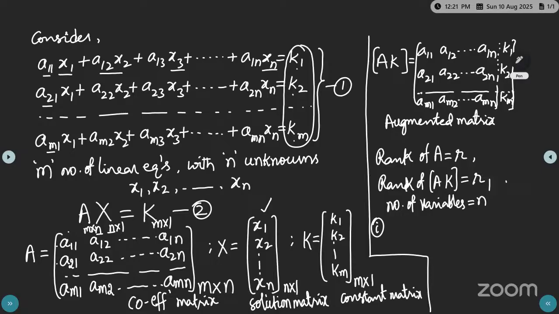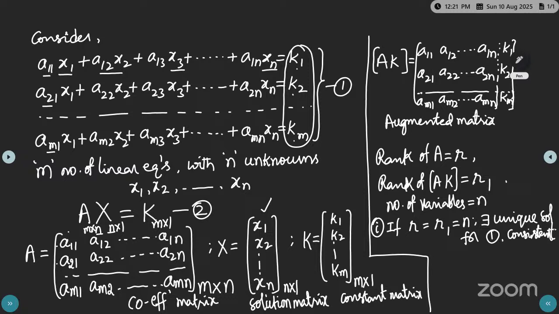The first important point: if r equals r1 equals n, there exists a unique solution for system of equations 1, and the system is consistent.